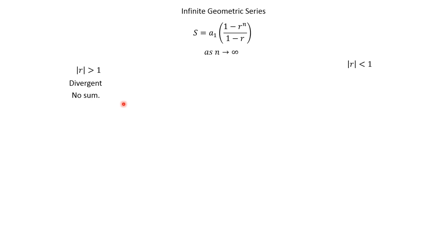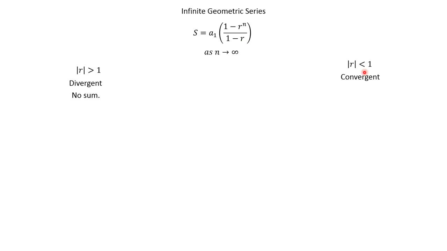For example, if r was 2, we have like 5, 10, 20, 40, 80. Those numbers are going to get bigger and bigger, and we're not going to be able to add them together. However, if the absolute value of r is less than 1, it's called convergent, and it does have a sum.